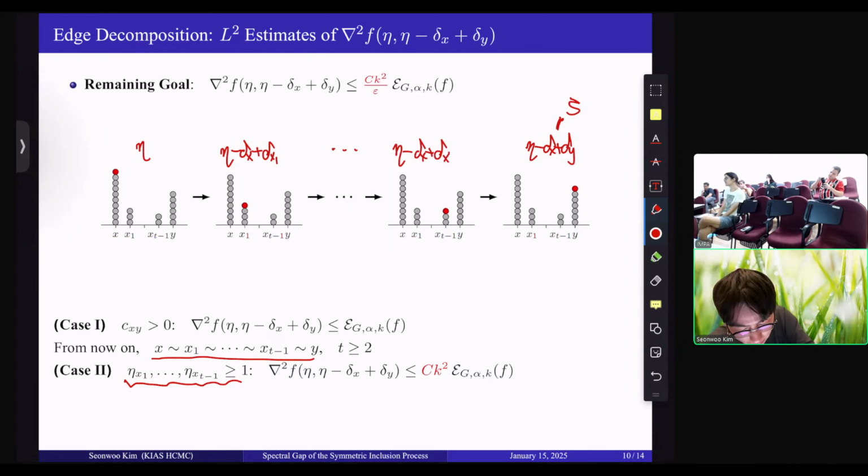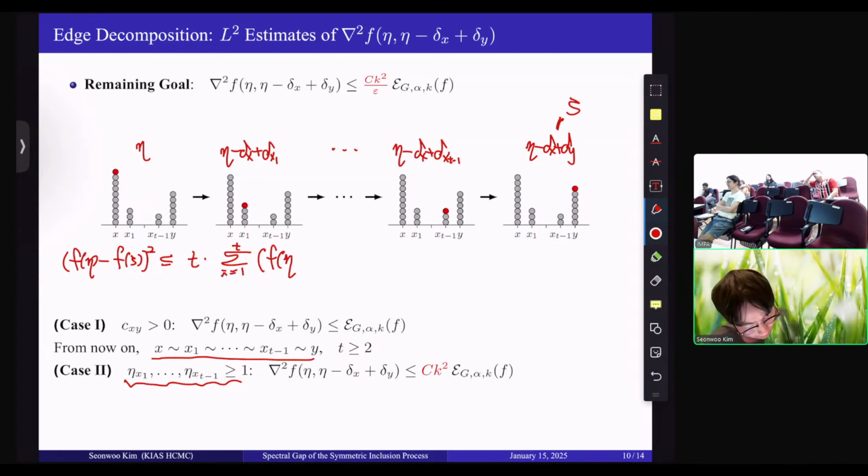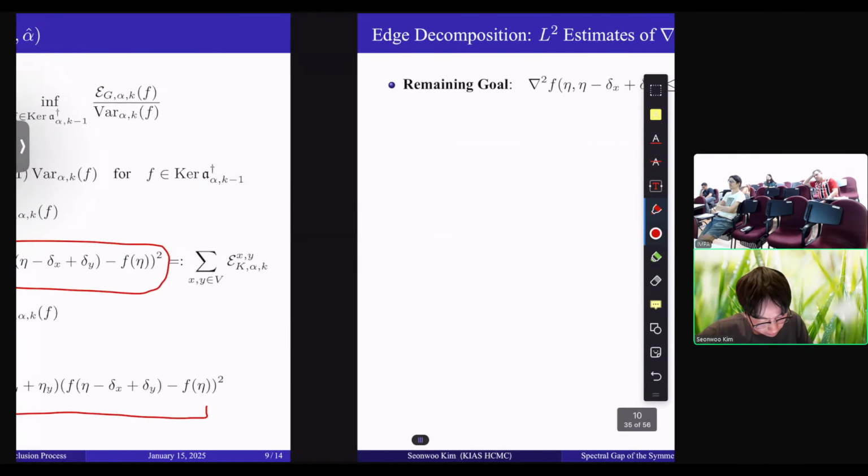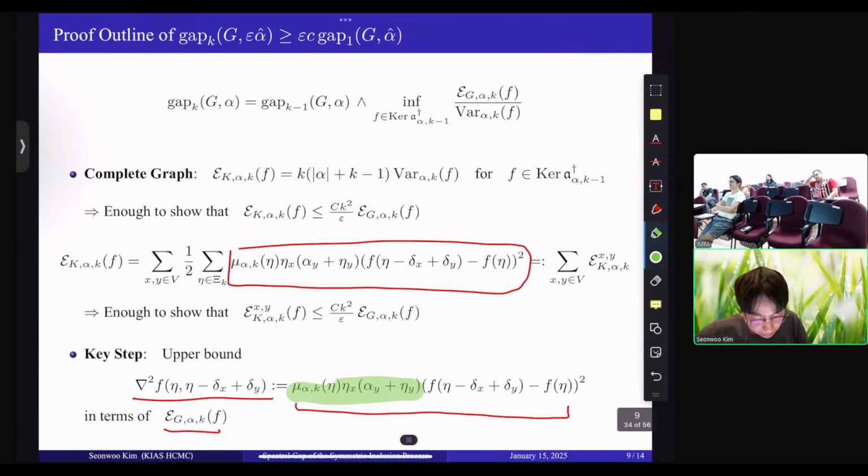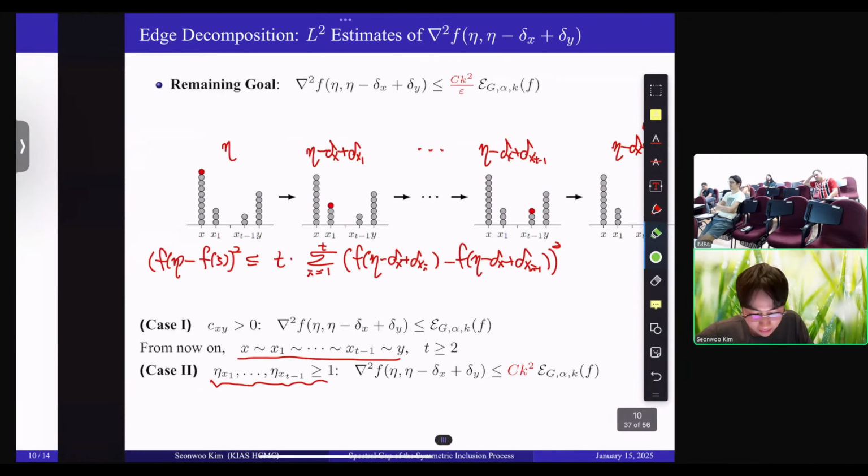And then the idea is to apply the Cauchy-Schwarz inequality, such that the L2 difference between eta and zeta, the value of f, can be bounded by the sum of the differences evaluated along each path, from eta minus delta x plus delta x_i to eta minus delta x plus delta x_{i+1}. There are remaining conductances in front of the L2 difference, so we have to renormalize it.